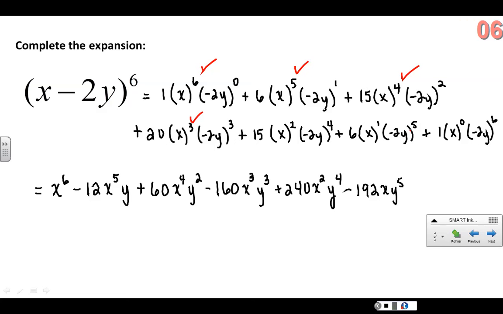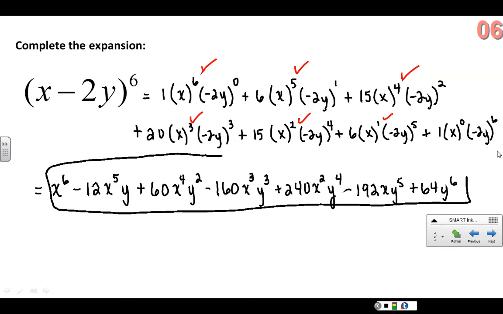I didn't check these off. And then last term of the polynomial, we've got 1. Negative 2 to the sixth power is going to be positive, so plus 64y to the sixth. A lot of work. But I think Pascal's triangle is actually the easiest way to expand a binomial if you know how the pattern works.